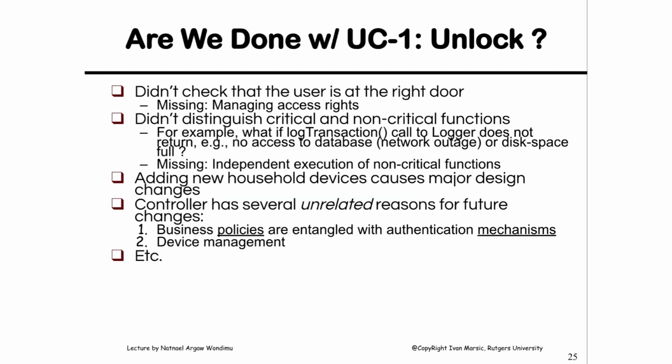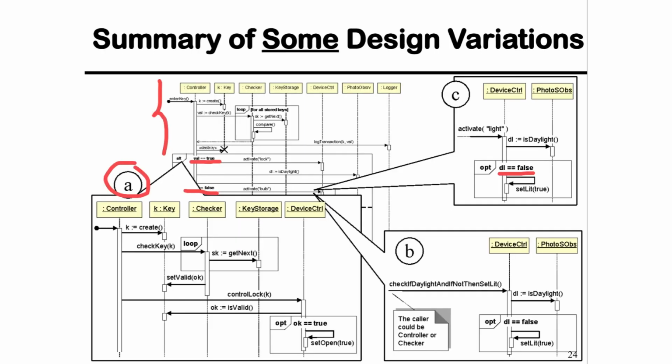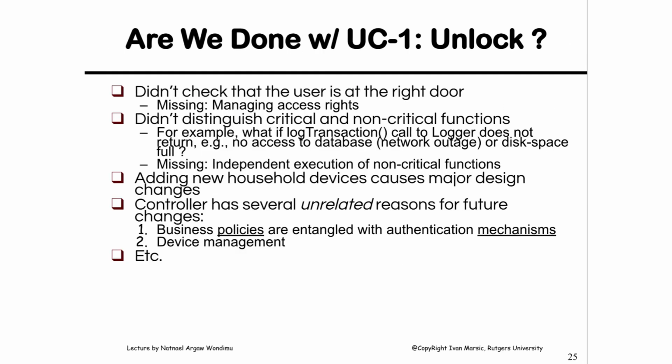So now, are we done with use case one, unlock, after discussing this much about it? I mean, after refining the design to this extent, are we done with the unlock use case and its corresponding sequence diagram? Not exactly, actually.